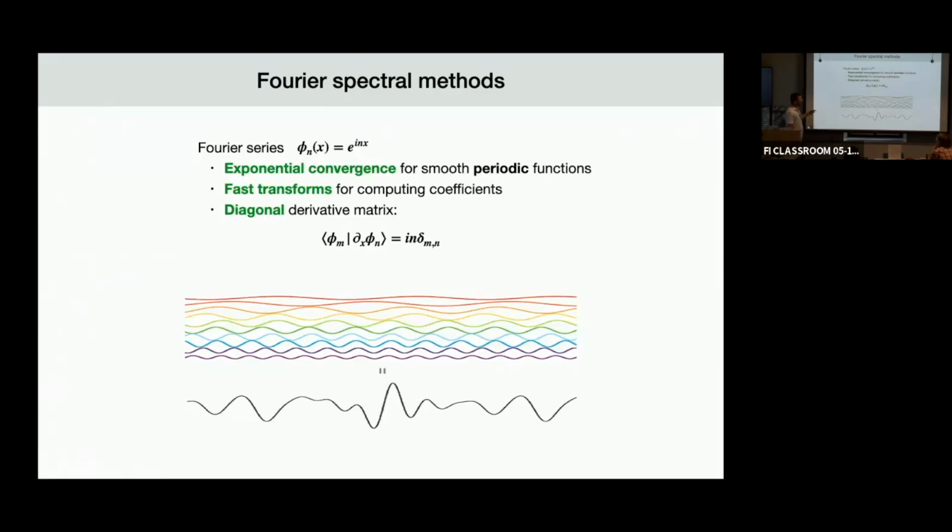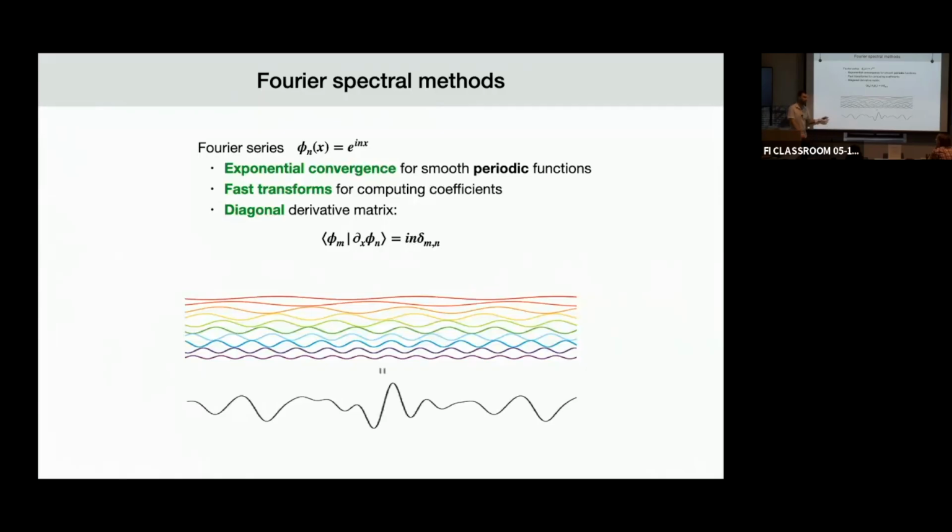And then really the nicest property of the Fourier series is that these Fourier modes are the eigenfunctions of the derivative, right? So if we take any number of derivatives of some Fourier mode and project it against the Fourier mode itself, we just get i times k, or i times the wave number to the power of the derivative, right? So that means if our PDE just has different derivatives in it, then those L matrices that we need to solve in general will be diagonal.